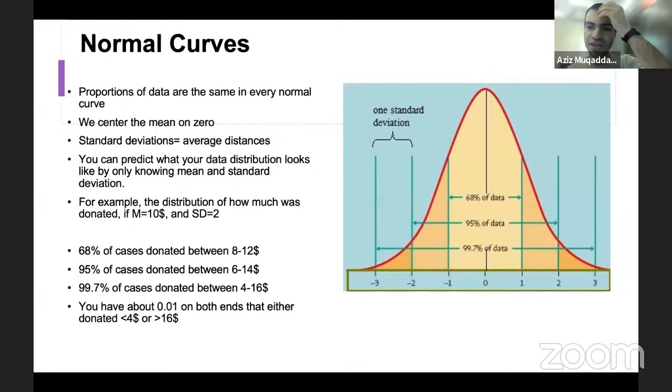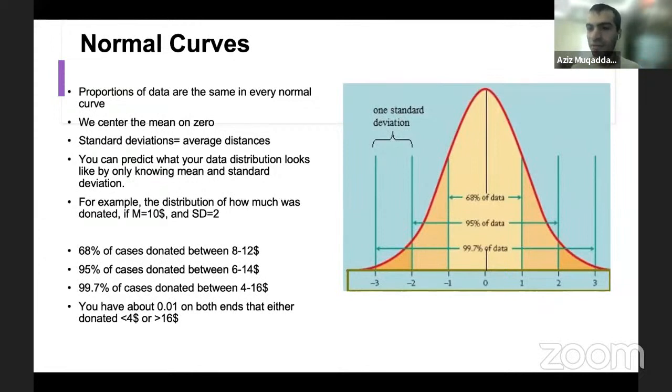We mentioned that if you have a normally distributed data set, and this may not be the case in any given data set that you have, if you center the mean on 0, so imagine that the average is 0 just for the sake of simplicity, you would then have one standard deviation plus and one standard deviation minus.